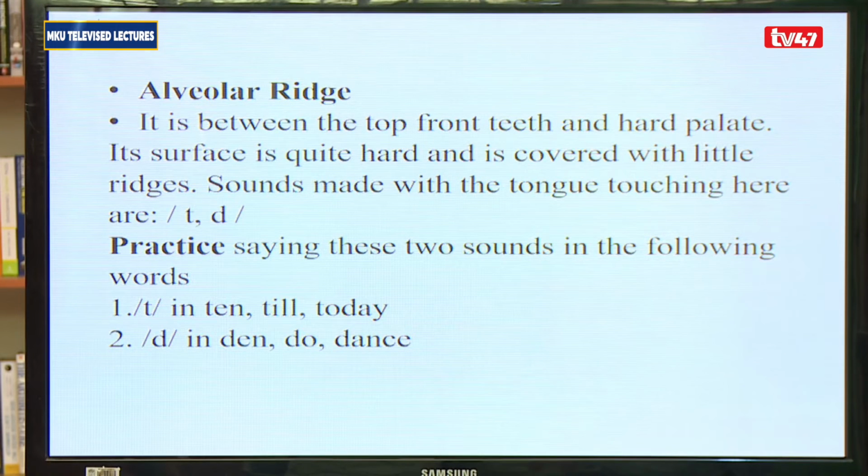You look at the initial sounds. The second sound is d, and we have words like den, do, dance. Where the tip of your tongue touches is the alveolar ridge.